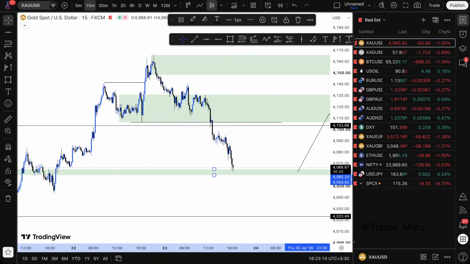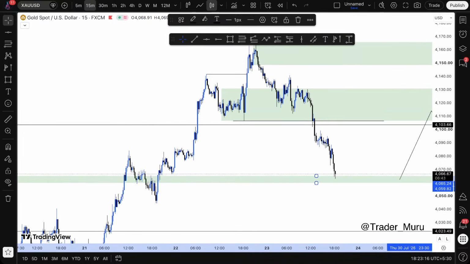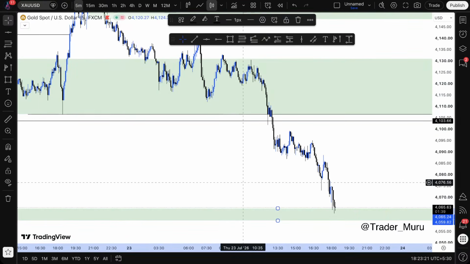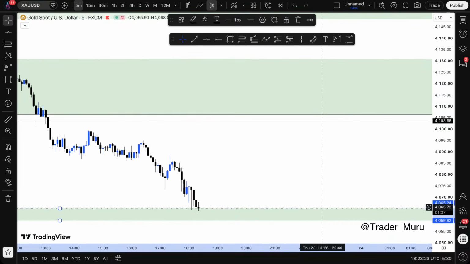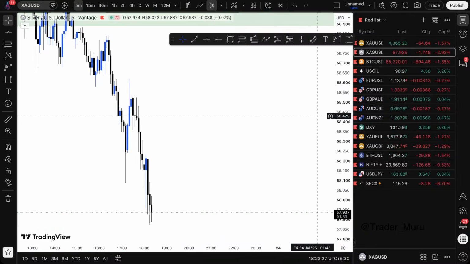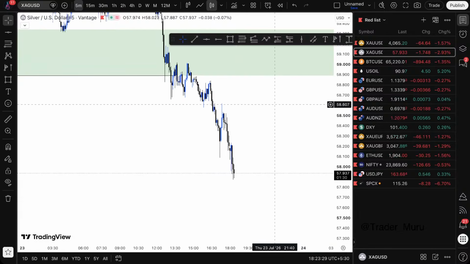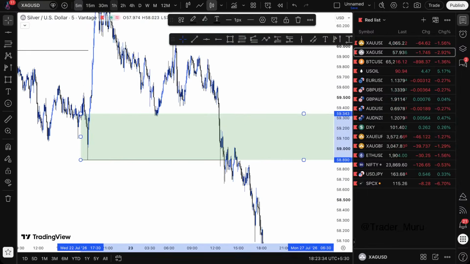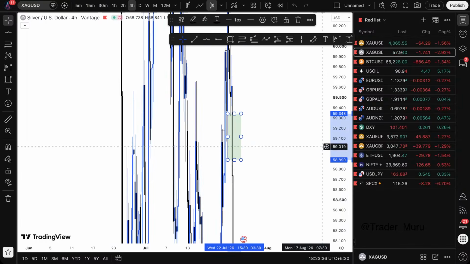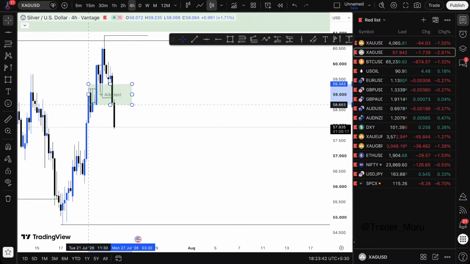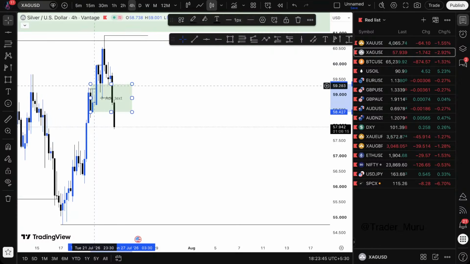Do we have any smaller time frame change? Silver is bearish. Wait for test somewhere near 58.9 to 60, but you have to wait for 4 hour closing first.